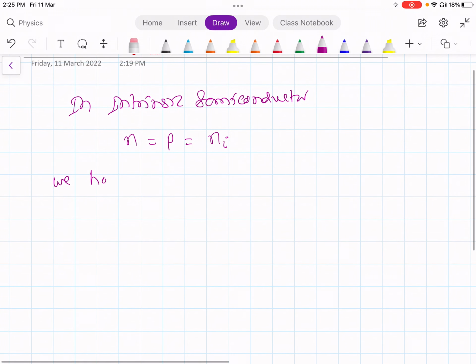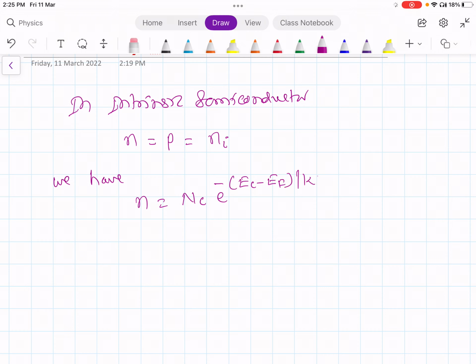In the last lecture, we found the equation for the number of electrons, that is n equals Nc e raised to minus of Ec minus Ef upon kT. In this equation, the value of Nc is equal to 2 into bracket 2 pi me star kT upon h square, and this bracket raised to 3 by 2.